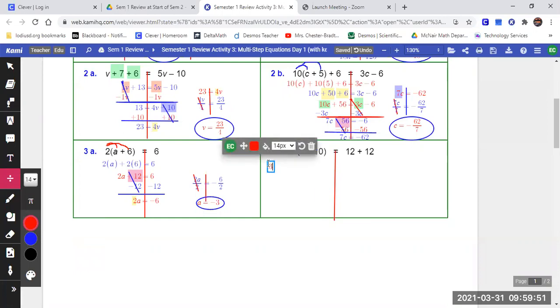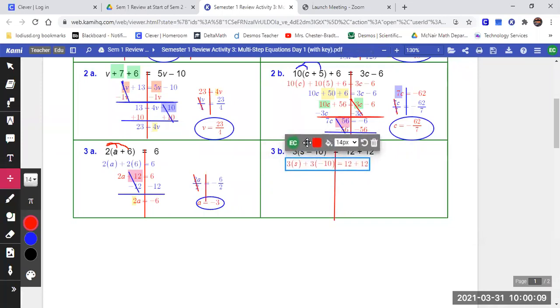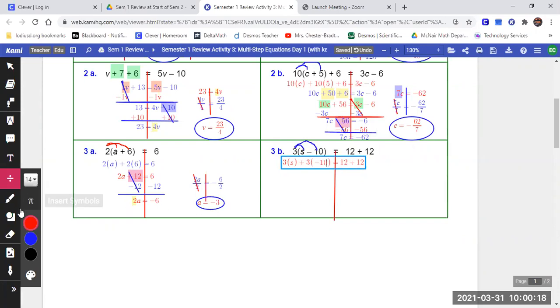That is a positive 3 times an S and a positive 3 times a negative 10. And that has to equal what the other side said. We don't change that yet. Notice I said the word yet. It'll happen, just not yet. We handle one thing at a time. So the left-hand side is 3S minus 30, and that has to equal the right-hand side that we haven't changed yet, because we do one step at a time.